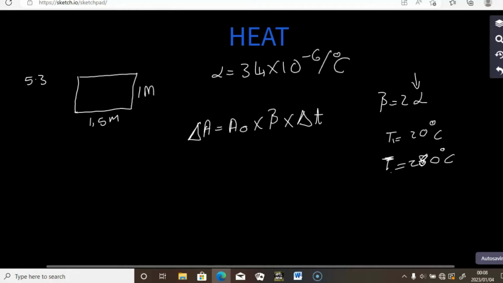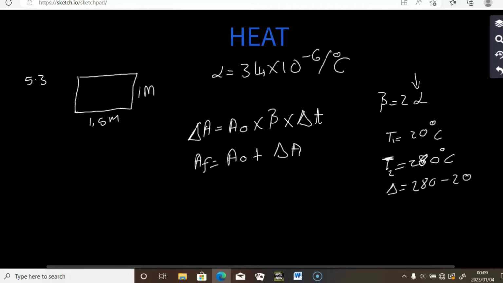Then the change in temperature is 280 minus 20. We are asked to calculate the final area. The final area will be equal to the original area plus the change in area, which is why we have to calculate the change in area. So we're going to do exactly that.